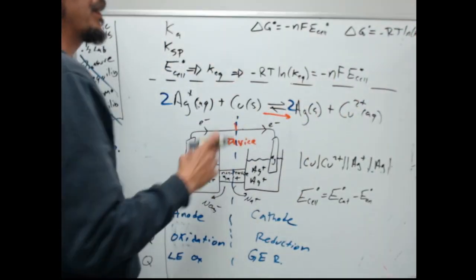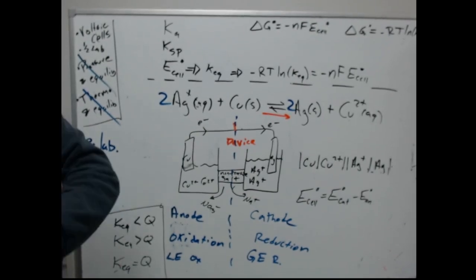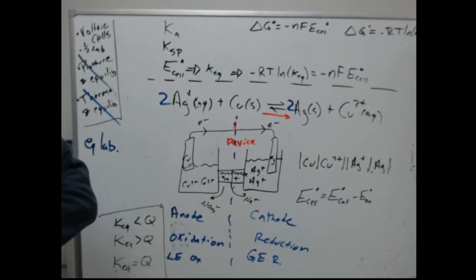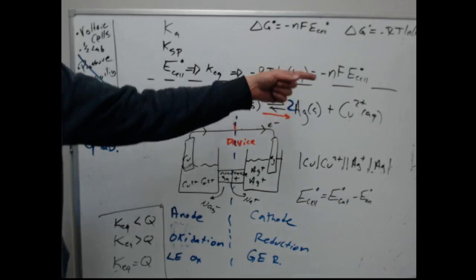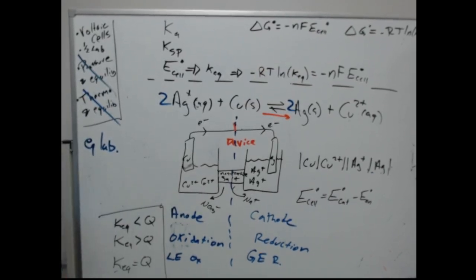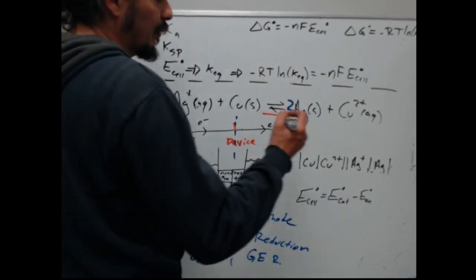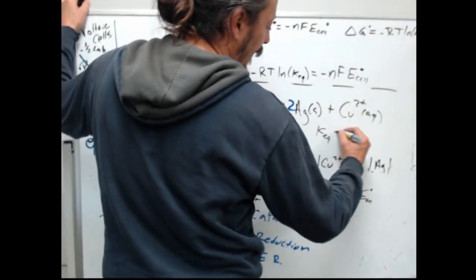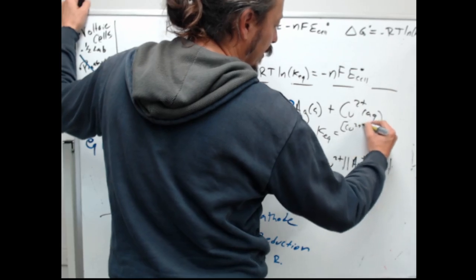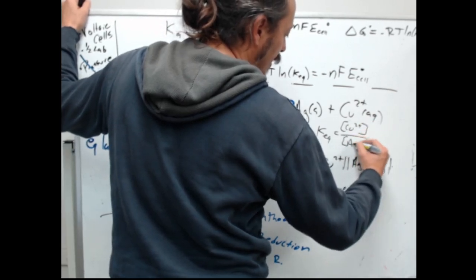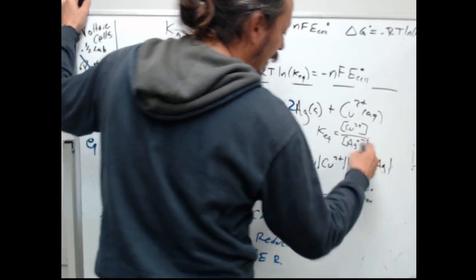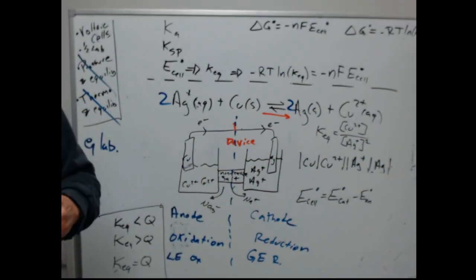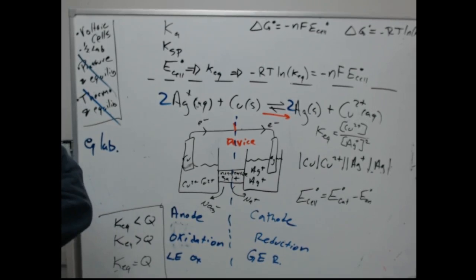That's where we come up with this relationship: the free energy of the electron motion, the redox reaction, versus the equilibrium constant. If you don't have this balanced correctly, you're going to get your KEQ expression wrong. I need products over reactants, so I need my KEQ to be copper 2 plus over Ag plus squared. If I didn't balance, I'd miss that square on the bottom and it would totally mess up my calculations. So making sure we've got that Ag plus concentration squared.